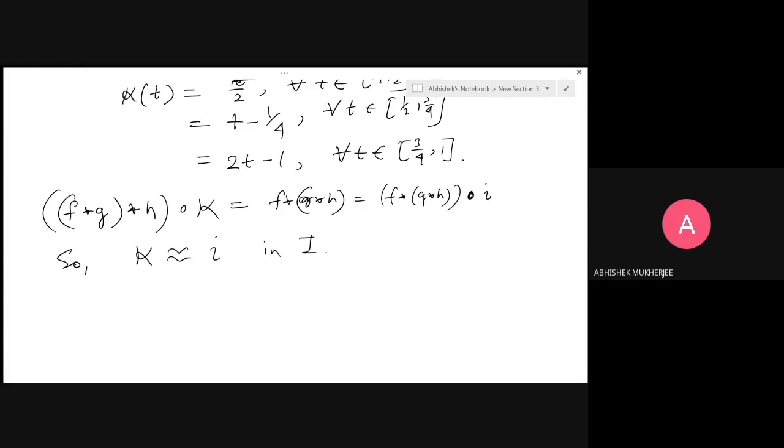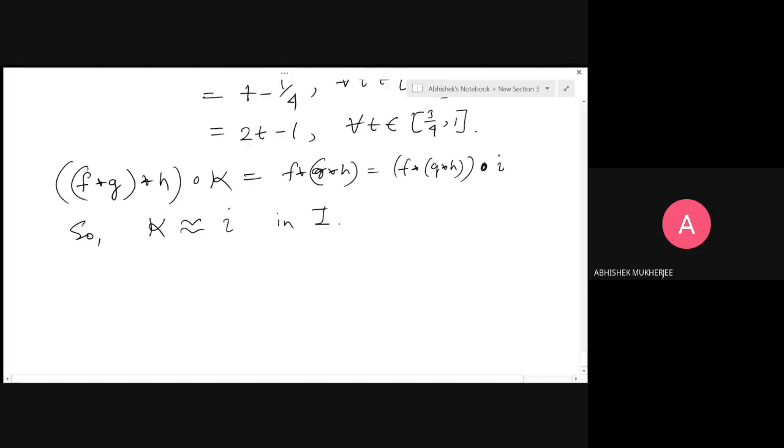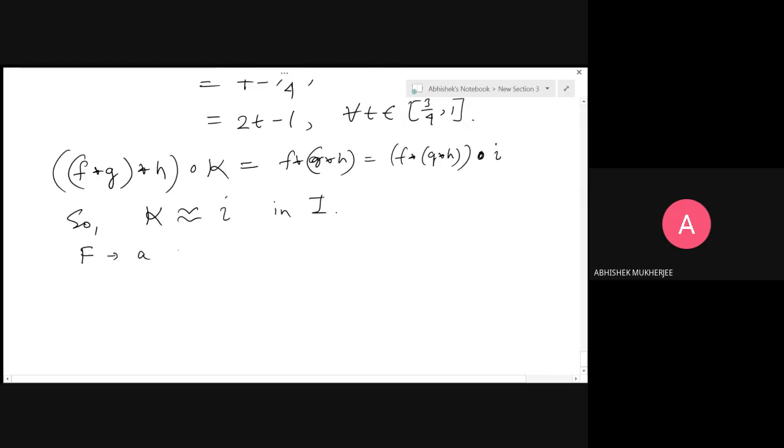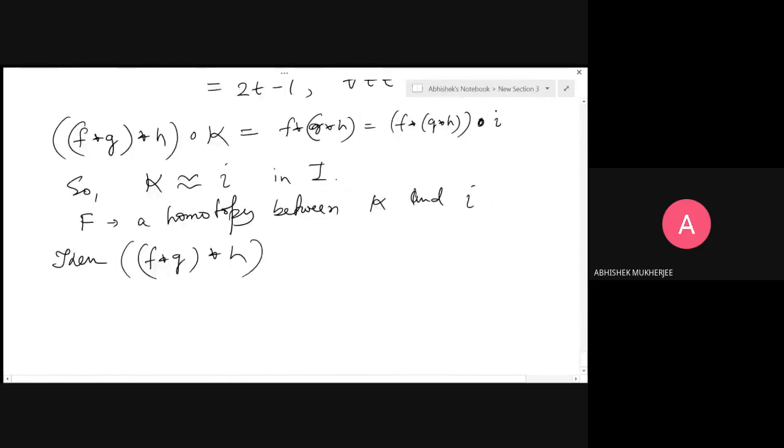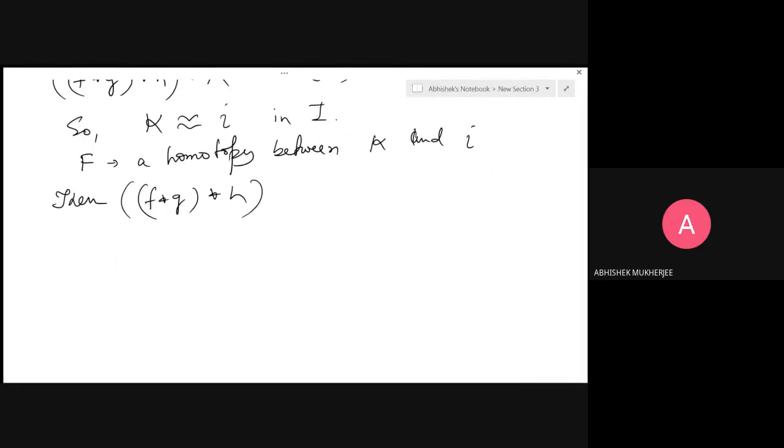You can always define a straight line homotopy between k and I. In general, you can consider a homotopy, say F, as a homotopy between k and I. Then you see that f star g star h is a path from x0 to x3 in the space X, that is, a map from the closed interval 0, 1 into X.